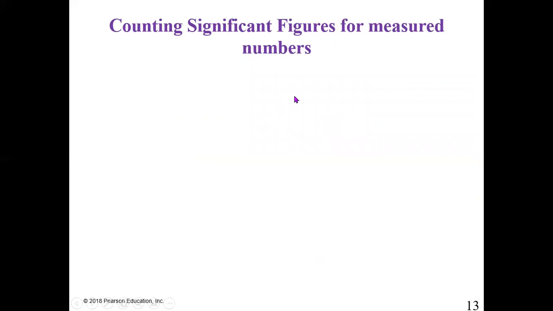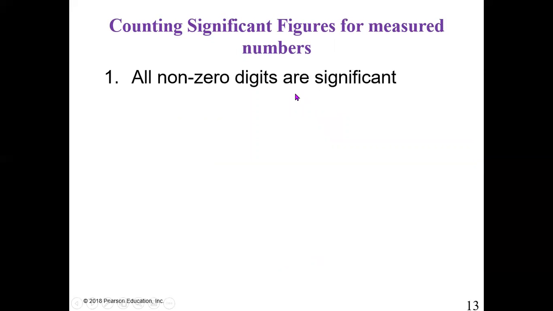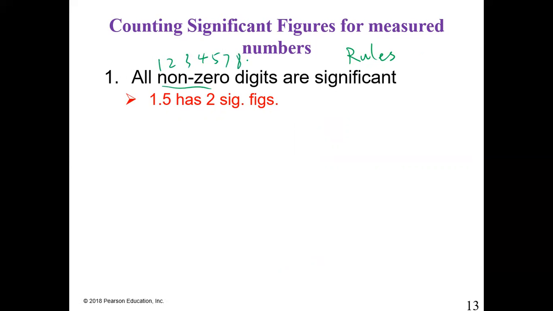Counting significant figures for measured numbers. Those are the rules you want to follow to count how many significant figures are in a measured number. Rule 1: all non-zero digits are significant. We use the decimal system. The non-zero digits are 1, 2, 3, 4, 5, 6, 7, 8, 9, and then the 0 digit is just 0.